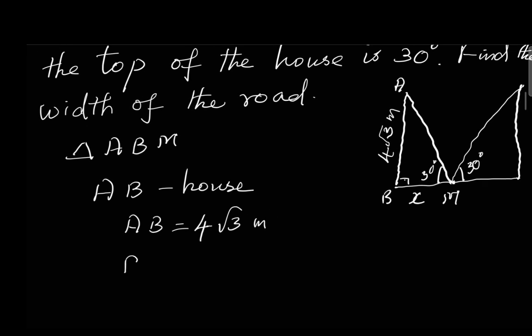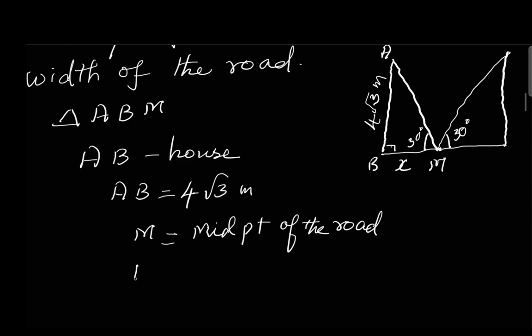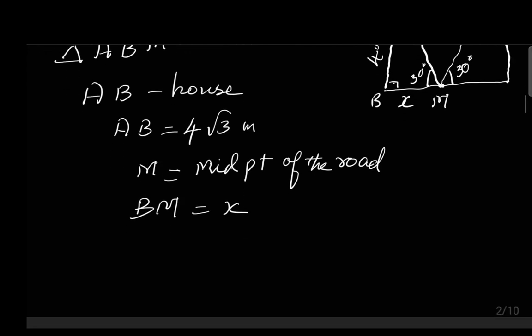And what is BM? BM is where the person is standing, in the middle of the road, the midpoint of the road. I take BM as X. So take tan 30.